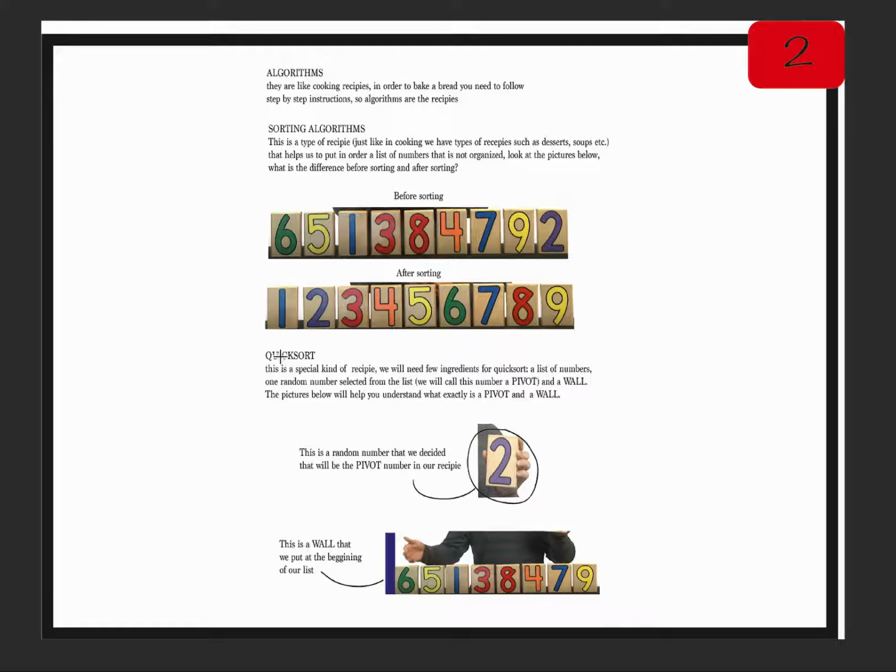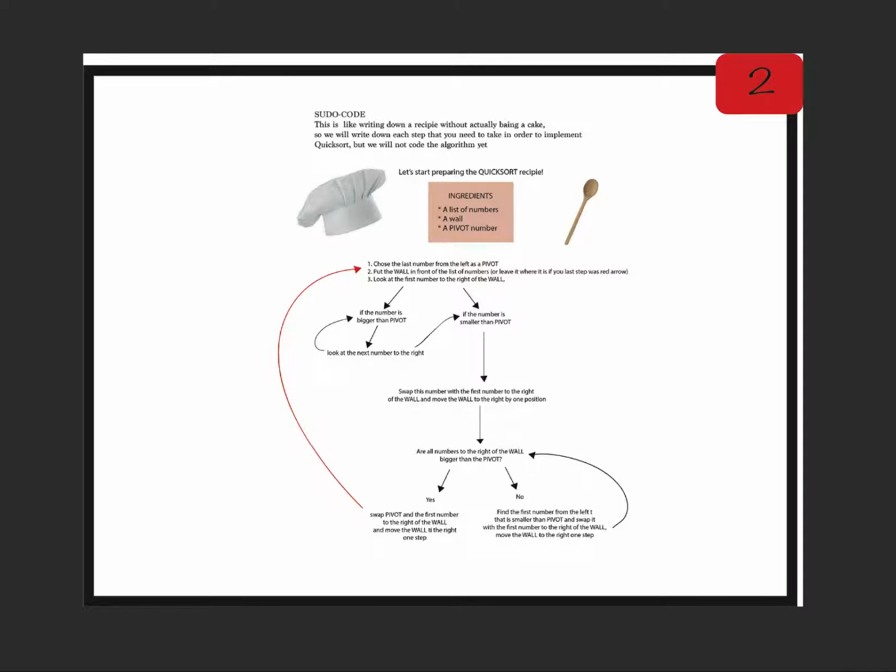And the algorithm would be quicksort. If you're interested, you can definitely take a look at what quicksort is. It will be very useful in later CS classes, and you can take a look at the recipe. But the overall goal of this video is not to show step-by-step quicksort, but moreover to give you the overview of what algorithms are.